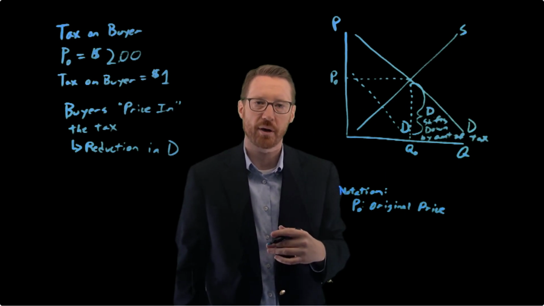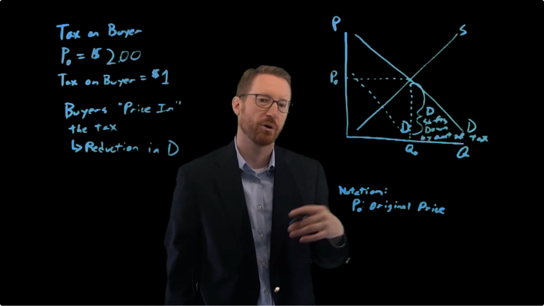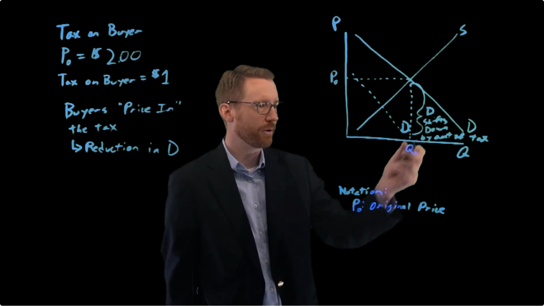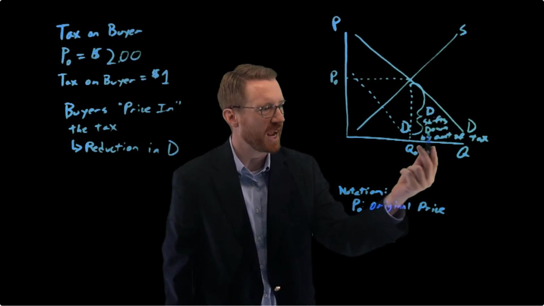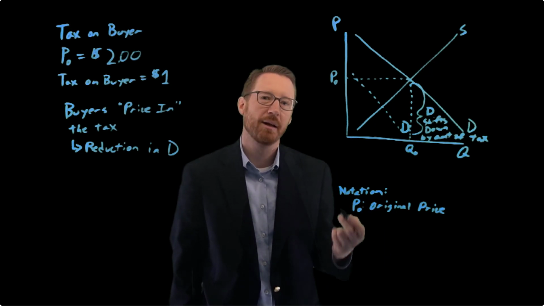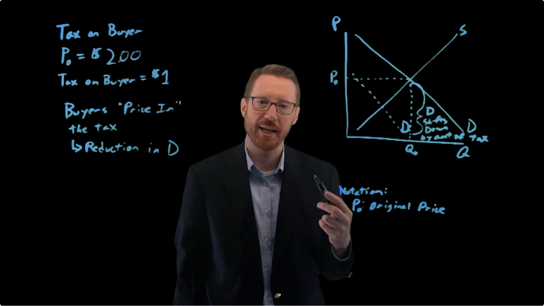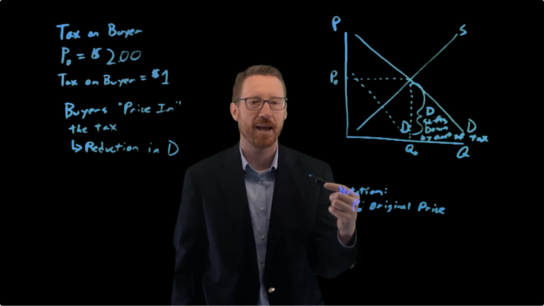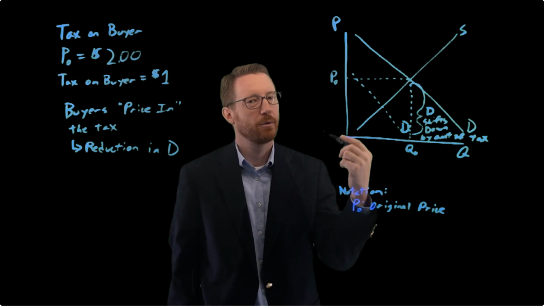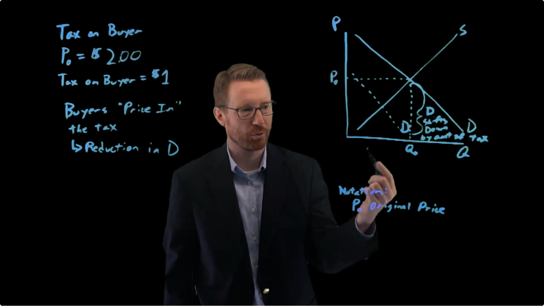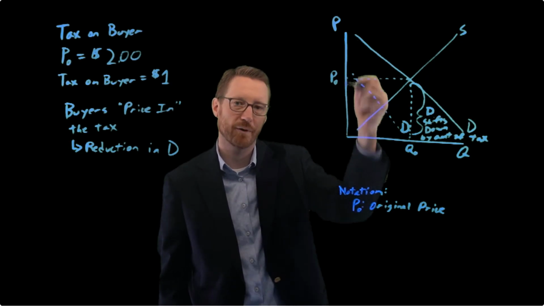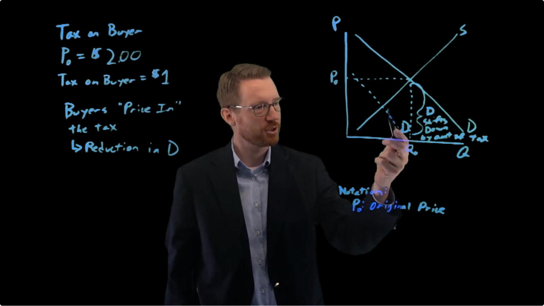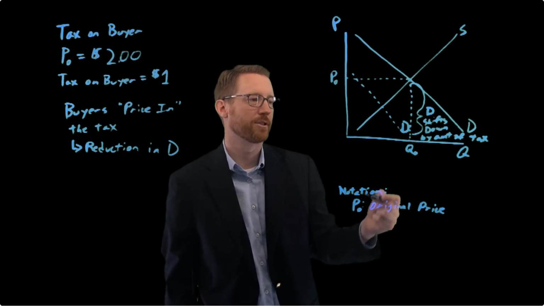Now, usually when we talk about a reduction in demand or an increase in demand, it's a story about demand shifting left-right. How come now we're saying demand shifts down by the amount of the tax? Because it's buyers pricing in this tax. They're adjusting how much they can pay for an item. Well, if we're thinking about pay and price, where does that show up? It's on our vertical axis. So this is the unusual case where really demand is shifting left, but how far left is it shifting?